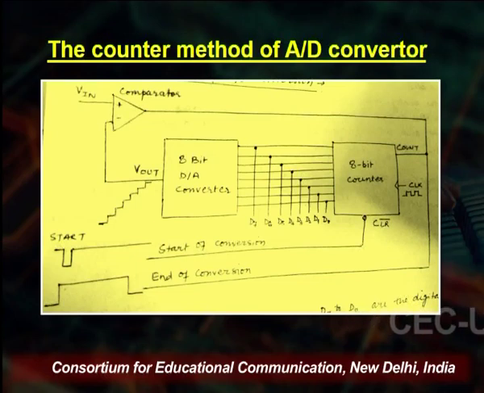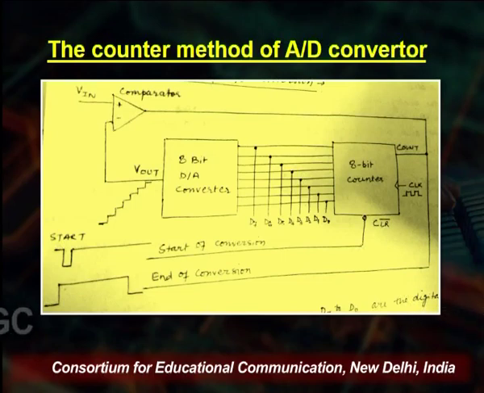Now, the comparator compares the difference in the inputs: the input signal that needs to be converted from analog to digital and the signal being fed from the 8-bit DAC to the comparator.